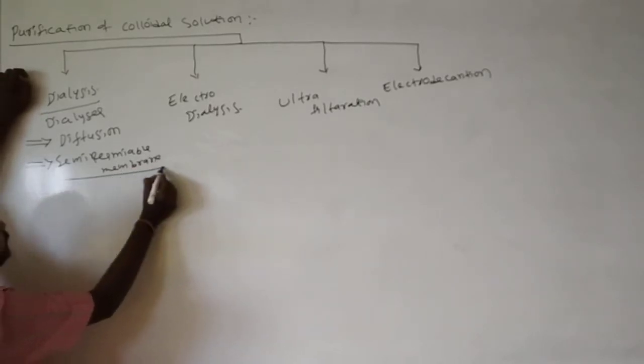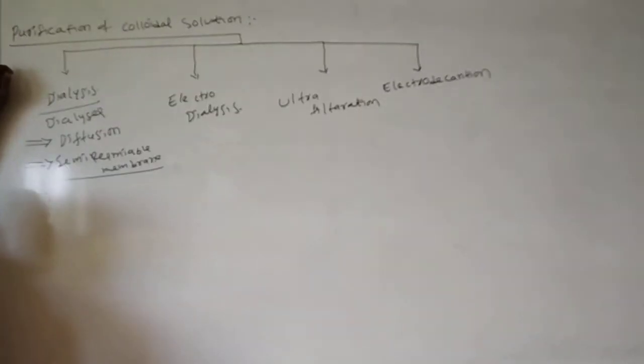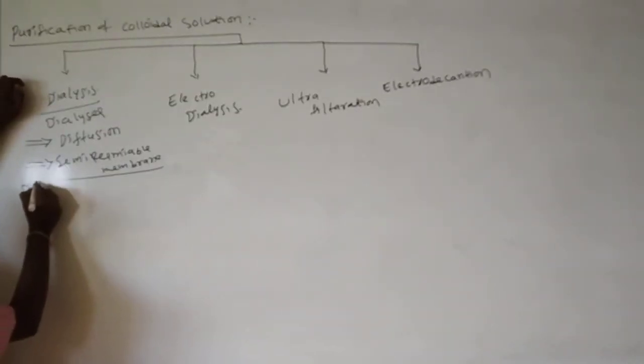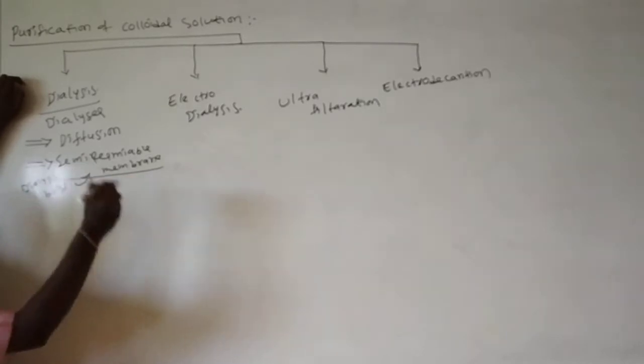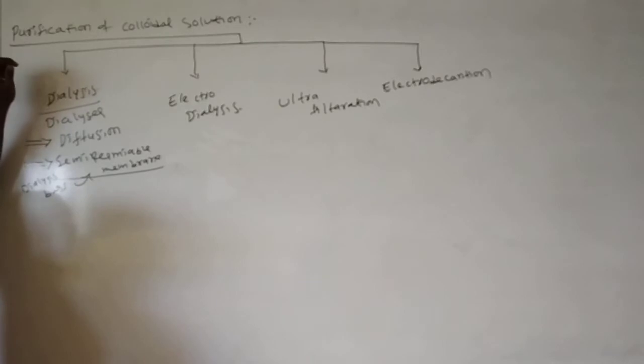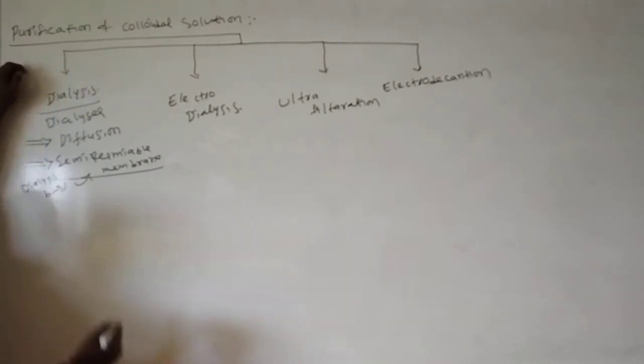What is the meaning of semi-permeable membrane? All dialysis bags are prepared with semi-permeable membrane. What is the use of semi-permeable membrane? It allows only solvent particles and a little bit of impurities to pass.